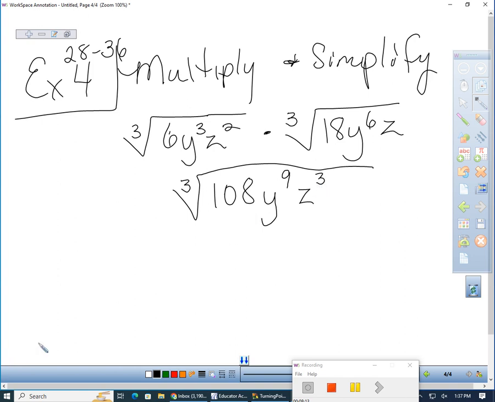Good. Now we get to simplify this. How many of the same thing in order to come out? 3. Good. So 108 again was 9 times 12. 9 is 3 and 3. 12 is 3 and 4. Of course, 4 can break down, but there's not 3 of those, so it doesn't matter. I'm going to bring out a 3.